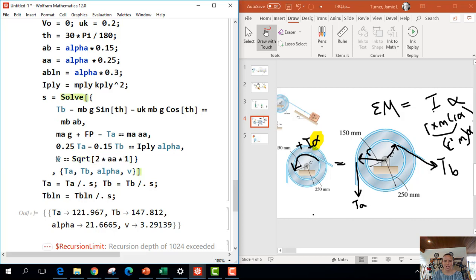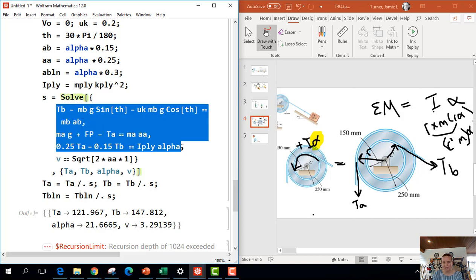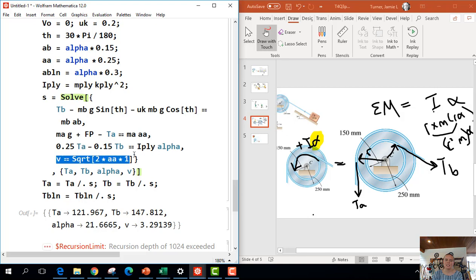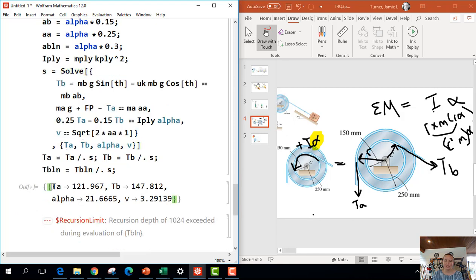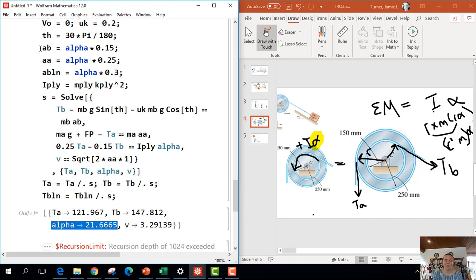And there's our velocity. So out of these 4 equations, 3 force balances, force balance on B, force balance on A, moment balance on the pulleys, and constant acceleration equation, we can pull out of that our tensions, tension A, tension B, our angular acceleration, and so you can relate the accelerations to one another, right?